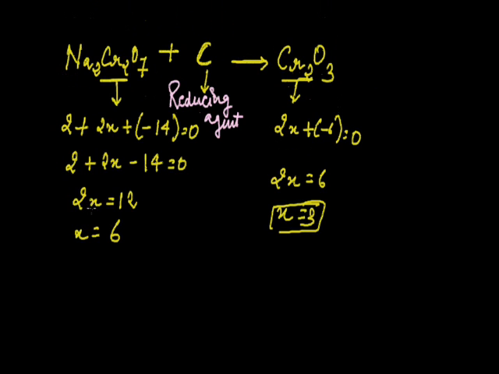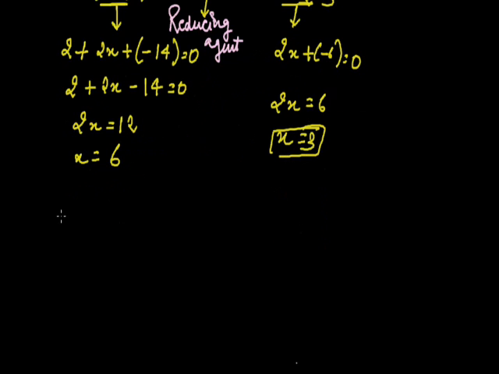Now what we have to do is extract the metal, that is chromium, from the chromium oxide. Again we will make use of another reducing agent: Cr2O3 reacts with aluminium.